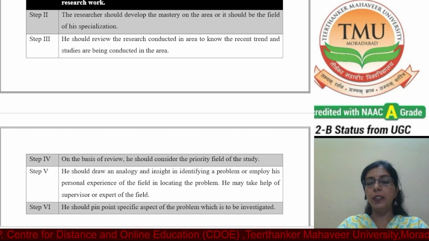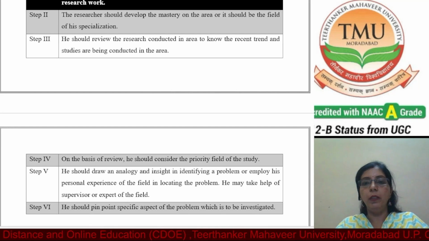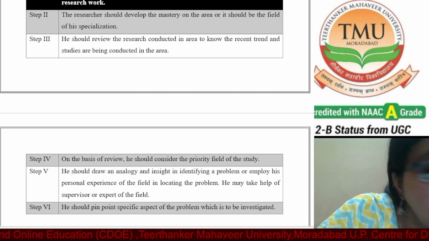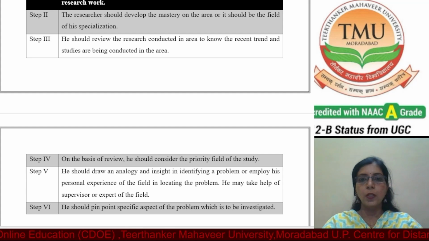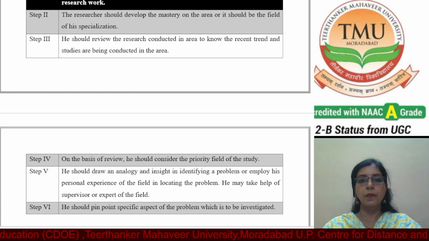Remember, it should be both familiar and feasible, so that the related research material or sources of research are within one's reach.